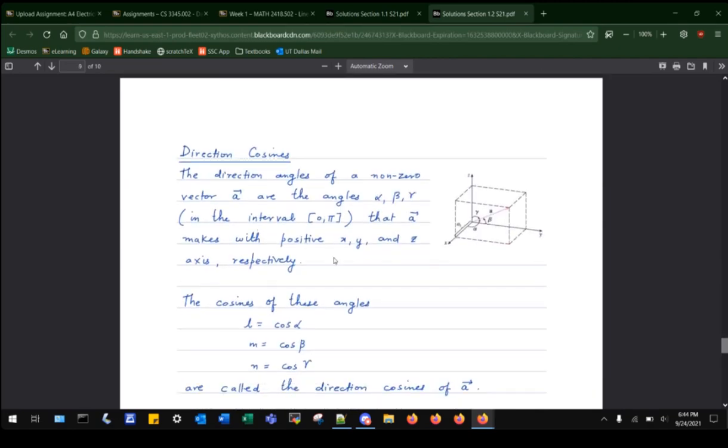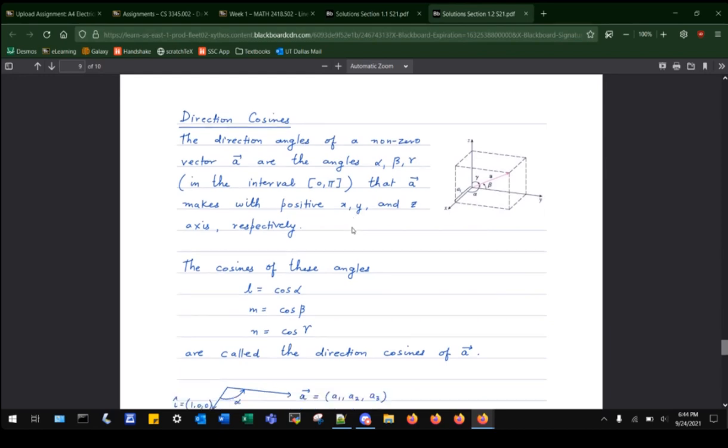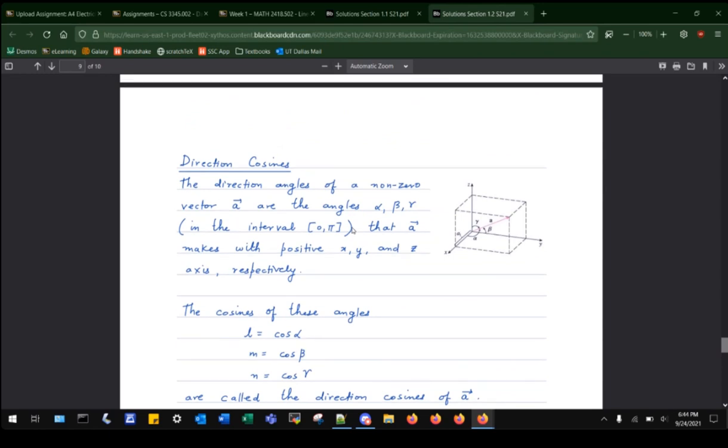Direction cosines. I'm not sure if this is important, but this is something I've forgotten. It looks like the direction cosines of a vector are the cosines of the angles between the vector and the coordinate axes.